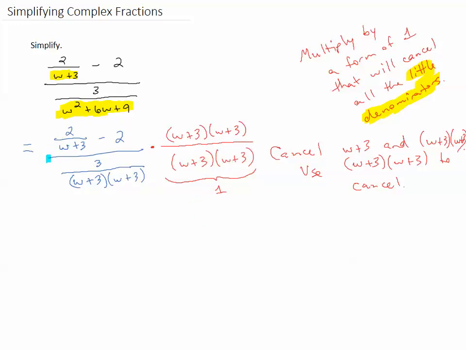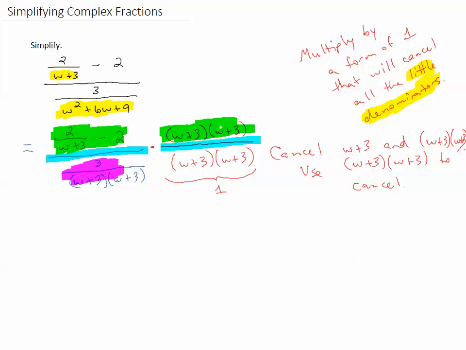Notice here that my big fraction bars line up. So what we're doing is we're multiplying. To multiply fractions, you just go straight across. So what I'll end up doing is multiplying this numerator by this numerator, and I'll multiply this denominator by this denominator. Okay? Let me get rid of some of that so we can see a little better.